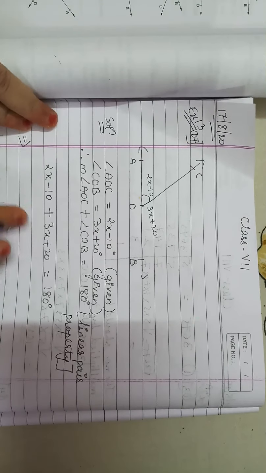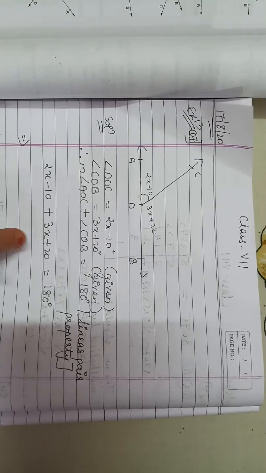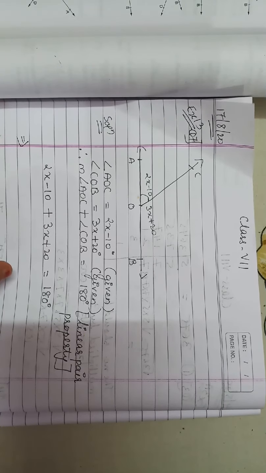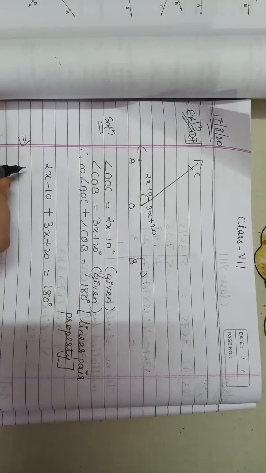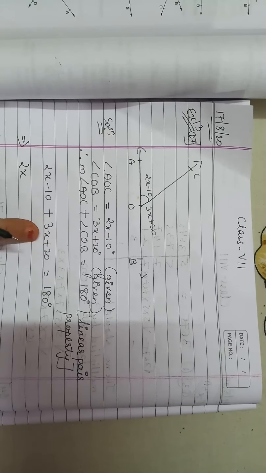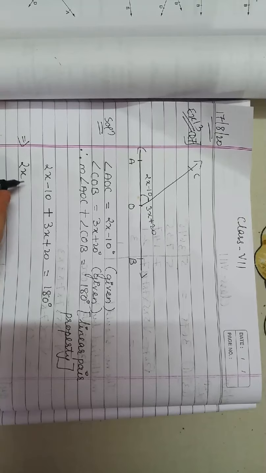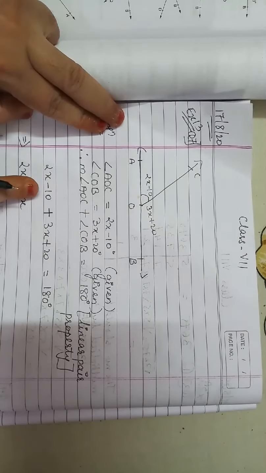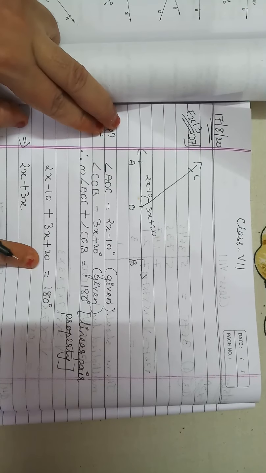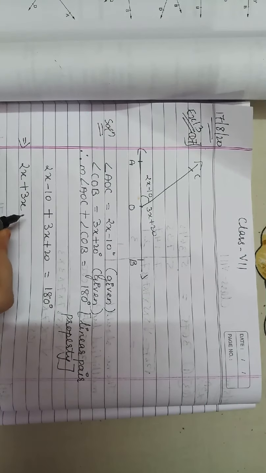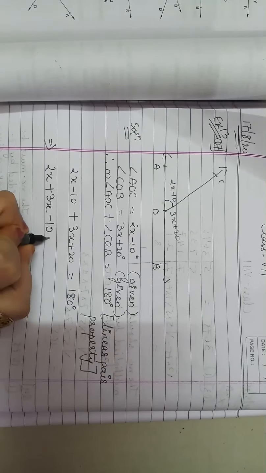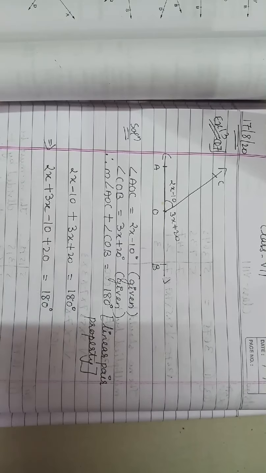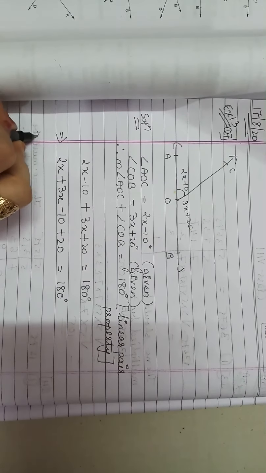Like terms means x and x you write together, and the numerical terms you write together. So I will write 2x plus 3x, and the numbers that remain, minus 10 plus 20, equals 180 degrees.